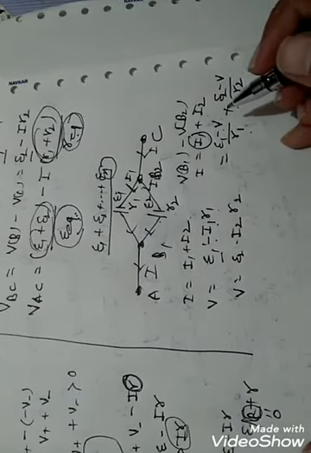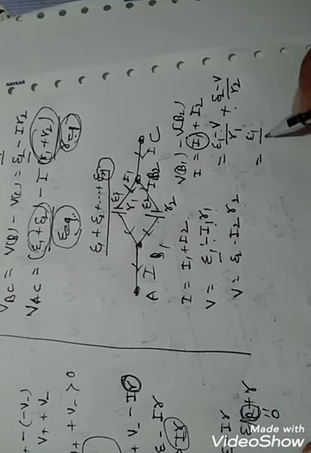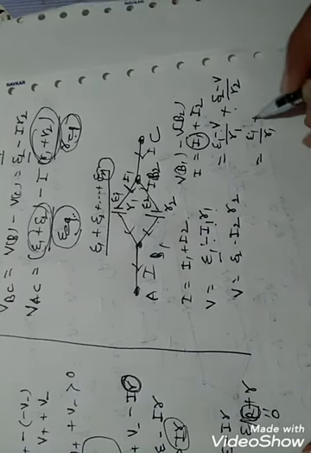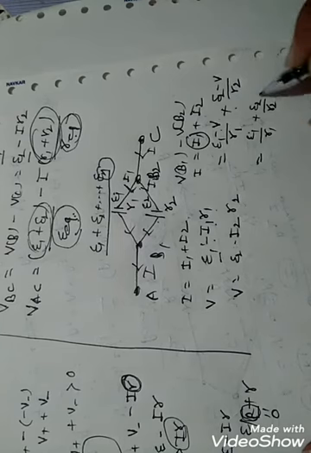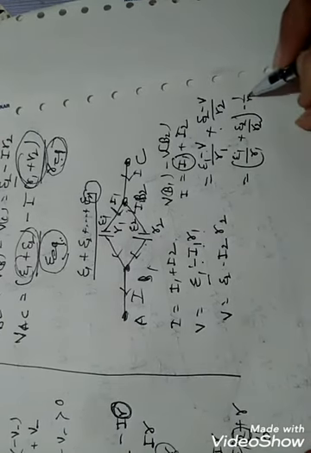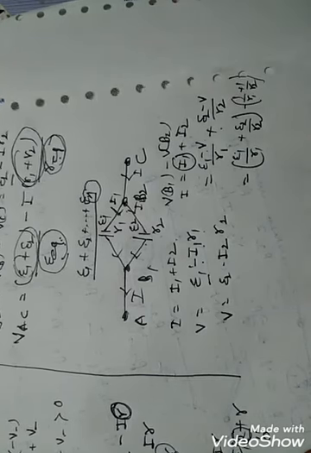So this is equal to E1 upon R1 plus E2 upon R2 minus V times 1 upon R1 plus 1 upon R2.